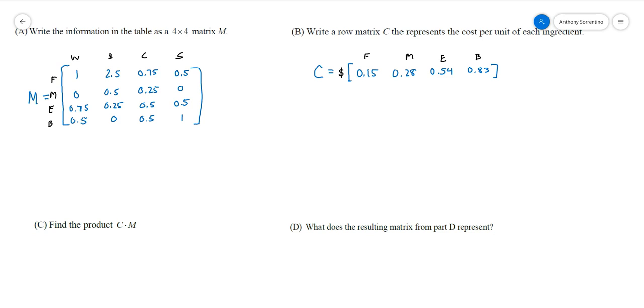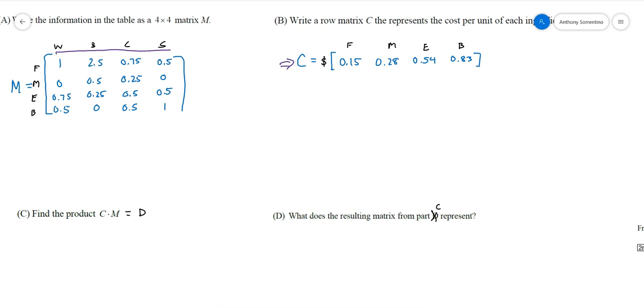They tell you to find the product C times M. So they're saying that this is going to be what we call D. They say part D here, but it should say part C. So the result matrix would be the result of that multiplication. Well, first of all, the reason they're saying to multiply C times M is that C is a 1x4 matrix, and this is a 4x4 matrix.